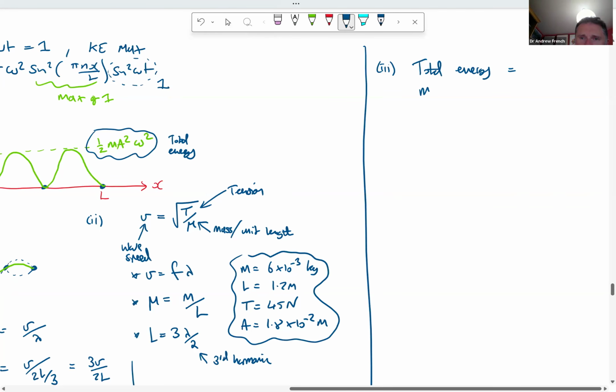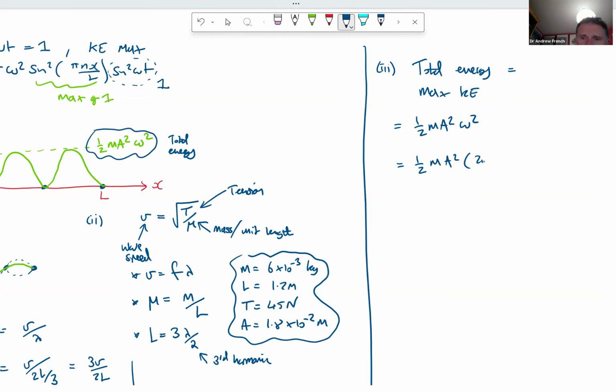Equals the maximum kinetic energy, which is going to be a half m a squared omega squared. That's a half m a squared, 2 pi times the frequency, squared. And if you put in all the numbers, that's a half times 6 times 10 to the minus 3. Amplitude squared is 1.8 centimeters, times 10 to the minus 2.